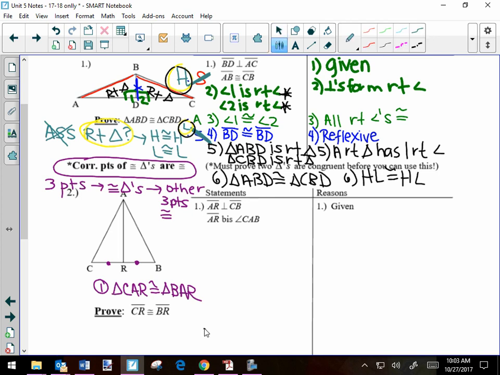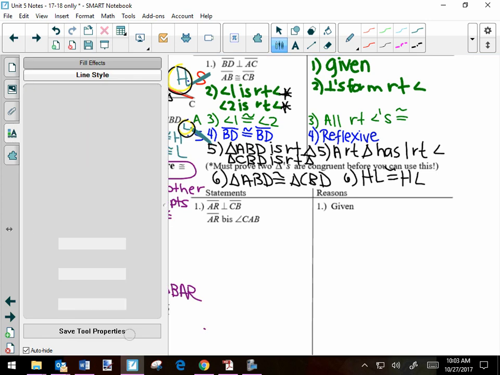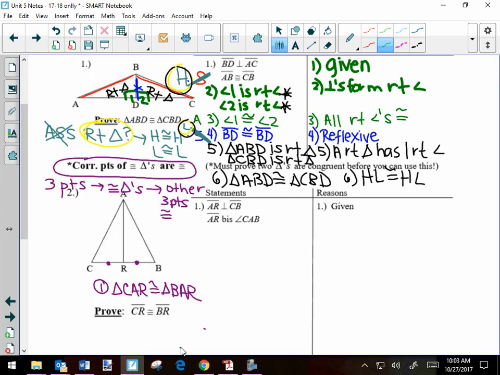In the first given, when we start this proof, we see that we have perpendicular lines, and we know that perpendicular lines form right angles. So if I look at where these 2 lines are perpendicular, AR and CB, I can see that I have 2 right angles that are formed. I'm going to need to identify those right angles in the proof and then make them congruent.